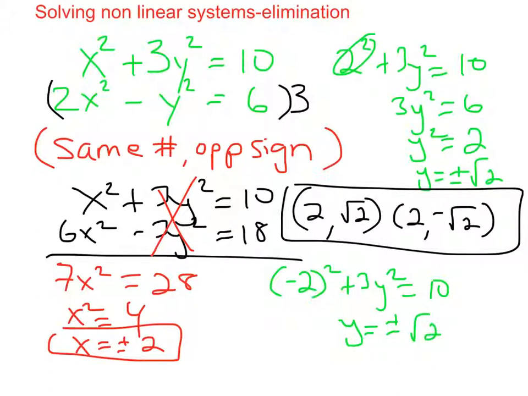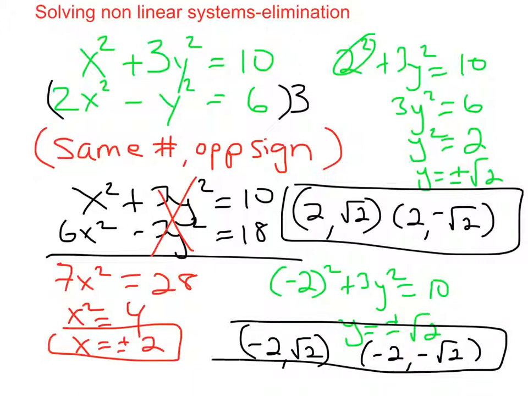If you don't believe me, go ahead and solve all this out. Make sure when you have a negative value for x, that you put it in parentheses. It'll help remind you, especially when you're squaring. So again, I have another two answers: (negative 2, square root of 2) and (negative 2, negative square root of 2). So I have a total of 4 answers so far, two right here and two right here.